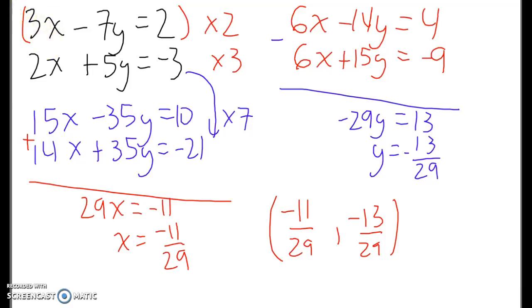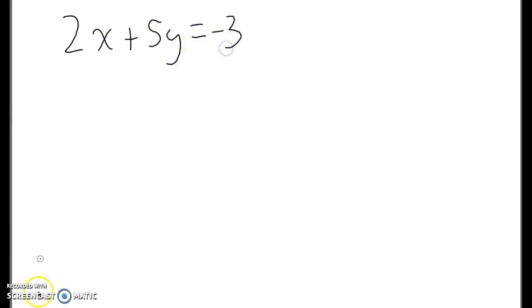If you're like a lot of people and as soon as you get an answer that's a fraction, you think you've done something wrong, one quick way to check is start with the original equation. It could be either equation. I'll start with 2x plus 5y equals negative 3. And then what you do is you just substitute in your values that you know for x and you know for y.